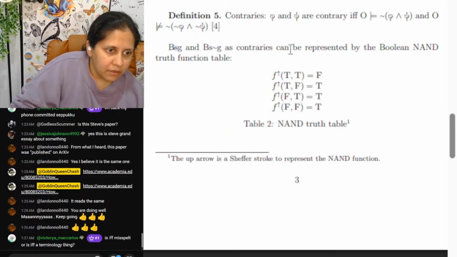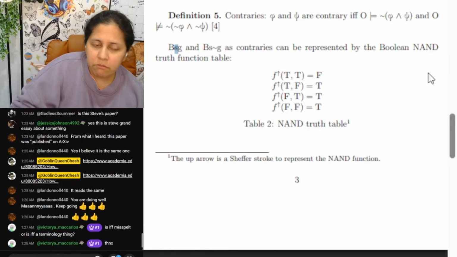Over here, what Steve is trying to say is that someone believing that God exists and someone believing God does not exist are contraries and can be represented by a Boolean NAND function, not and. That's what it means. The first one is, if both are true, then the combination is not allowed, right?